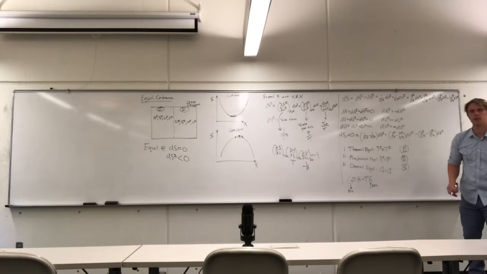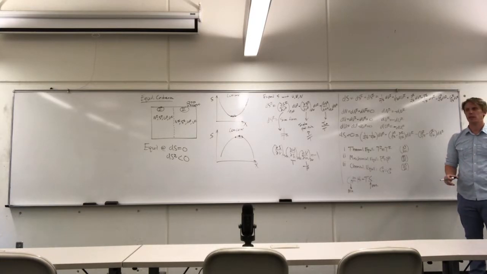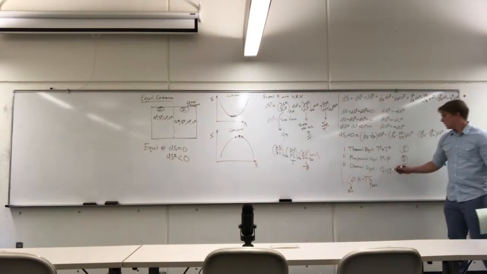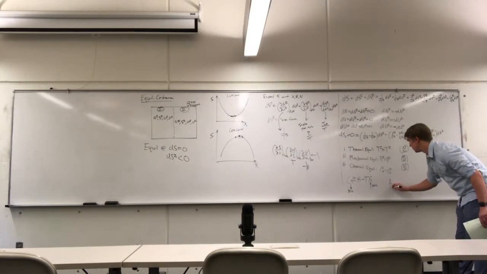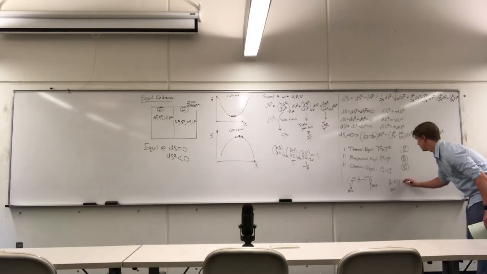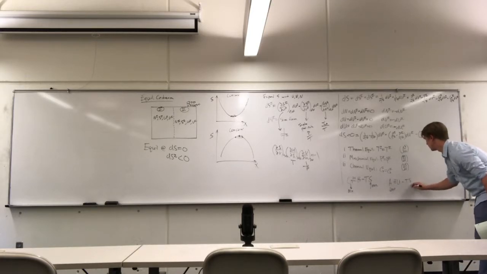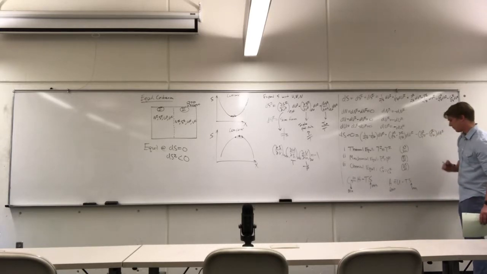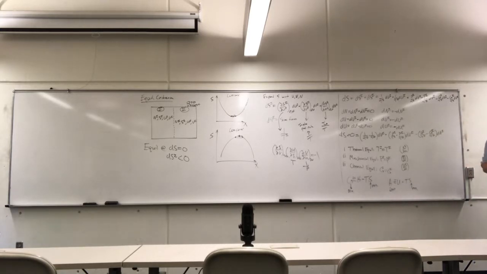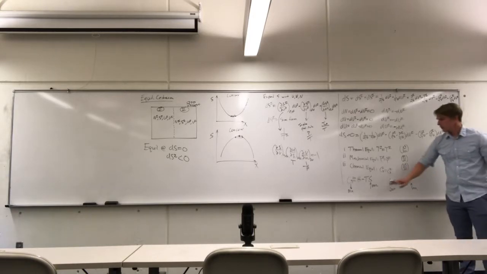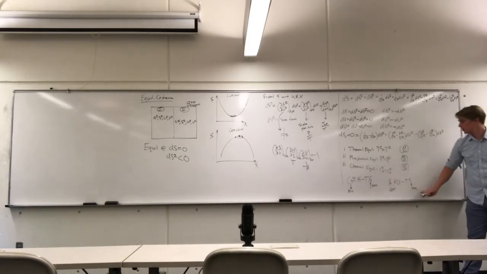It's a fairly straightforward concept to interpret. Same thing with Helmholtz. Helmholtz energy is a minimum. So we can minimize the Gibbs or minimize the Helmholtz, and that's accomplishing the same task as maximizing the entropy.